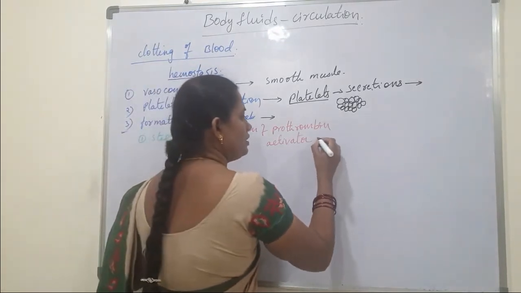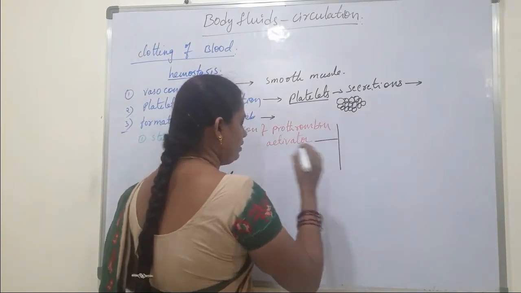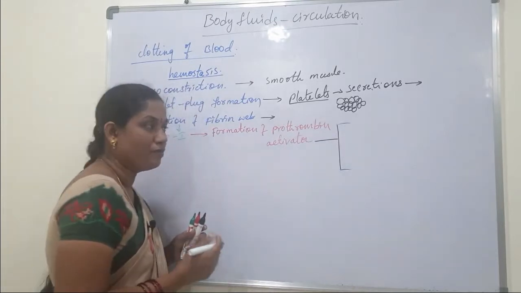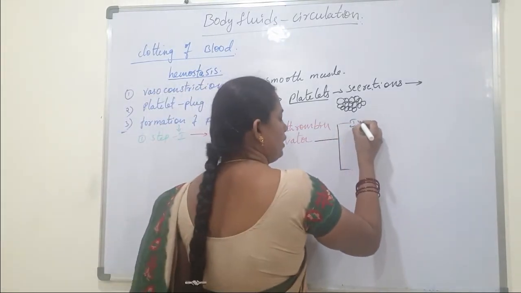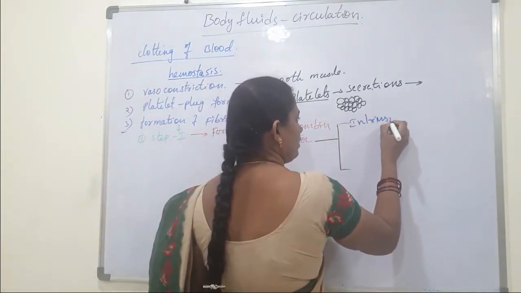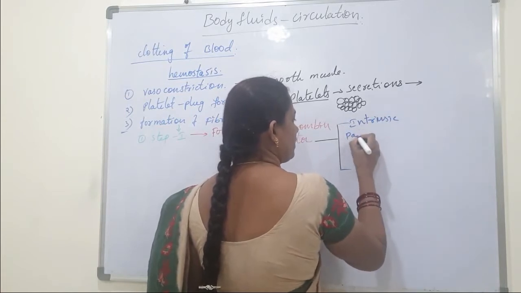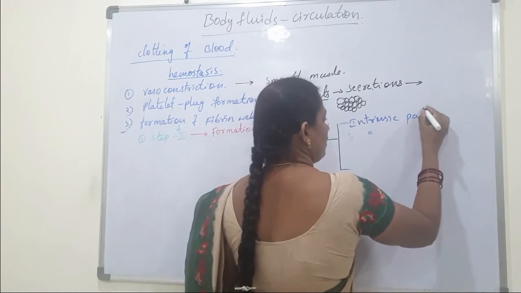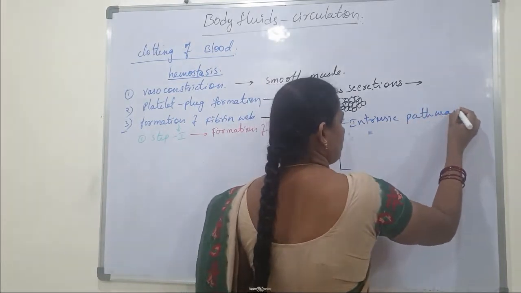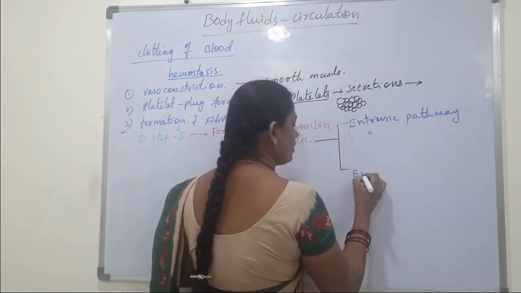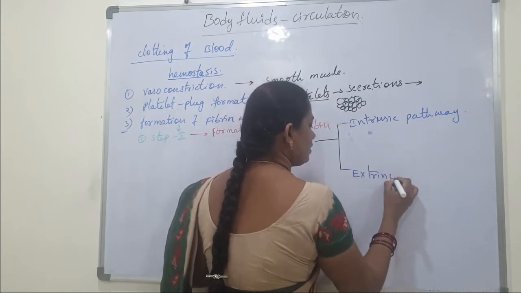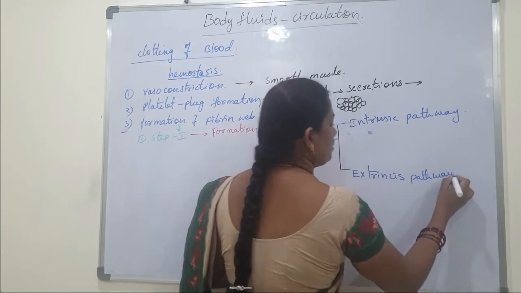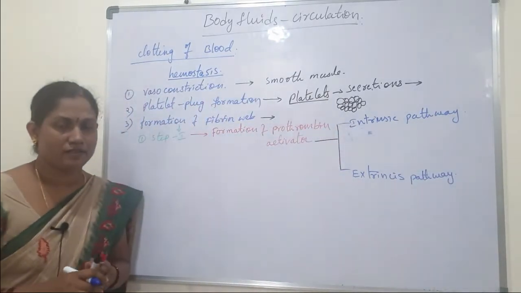This prothrombin activator is formed by two ways. First one, intrinsic pathway. Second one, extrinsic pathway.